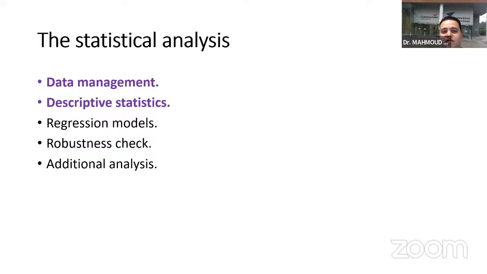The first one is data management, how to manage the data, including downloading the data, gathering the data, and putting it in a software that can help you in analyzing the data, such as SPSS, R, or Stata. Then you need to provide some descriptive statistics tables, and this is what we're going to cover today.